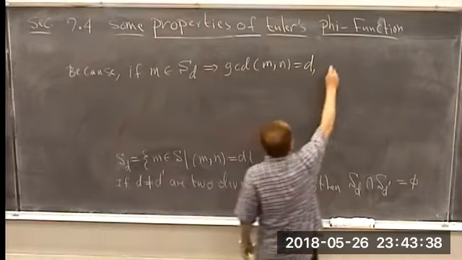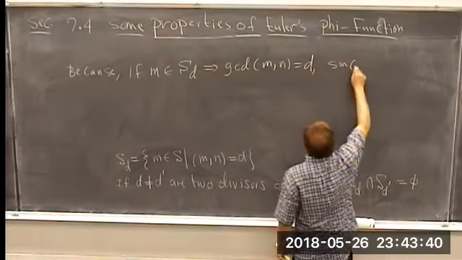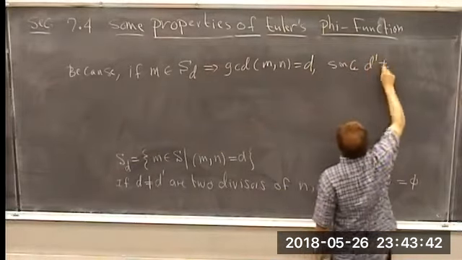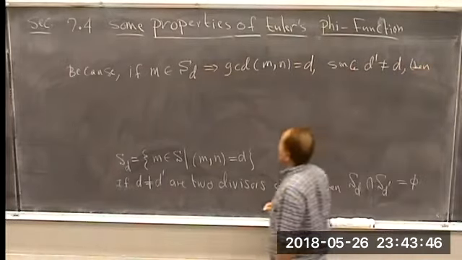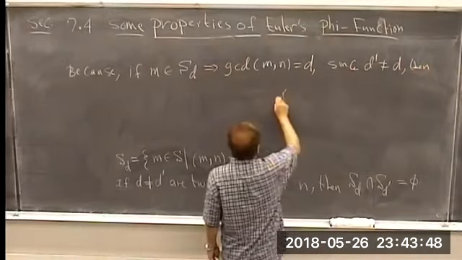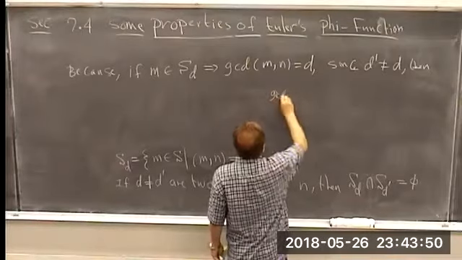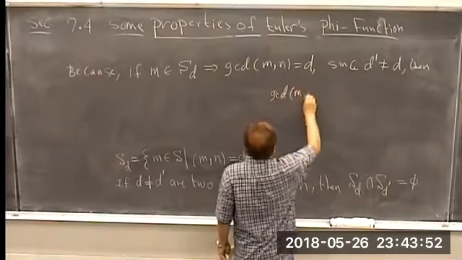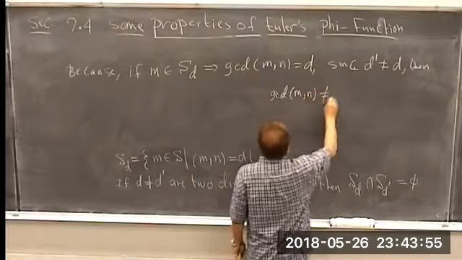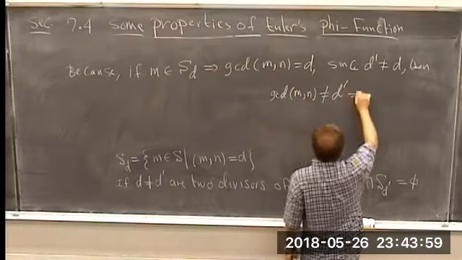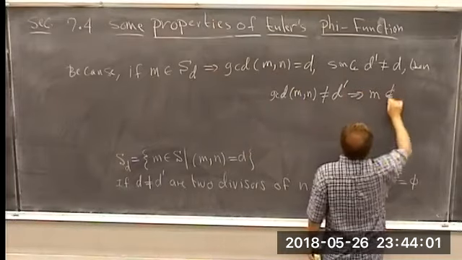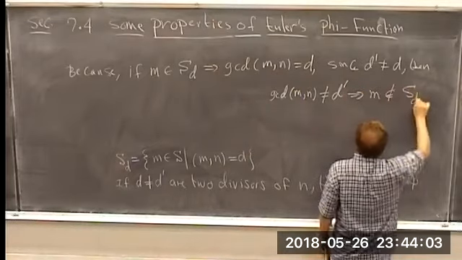Since d prime is not equal to d, then the greatest common divisor of m and n cannot equal d prime. So this means that m is not in S sub d prime.